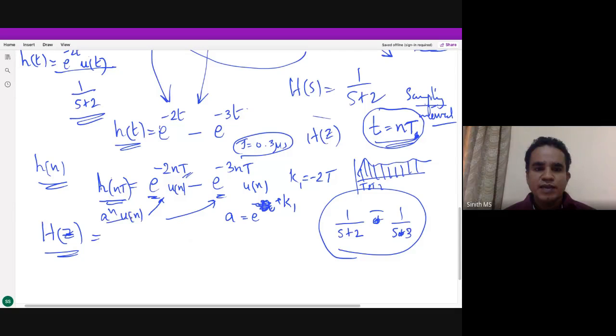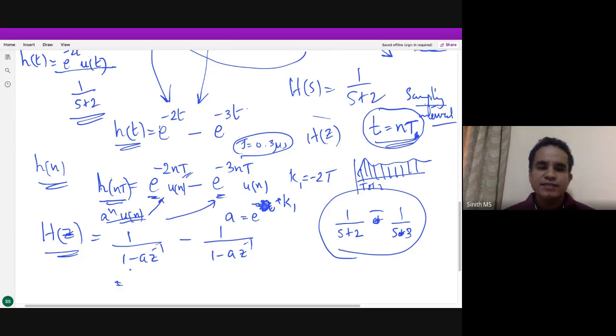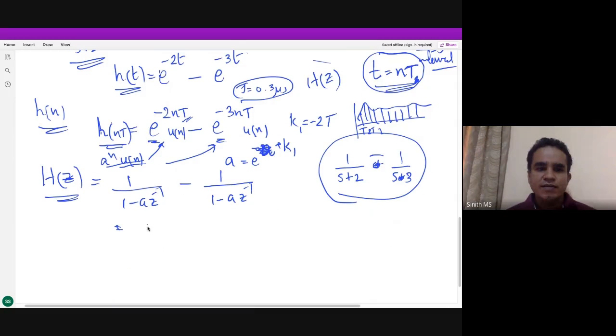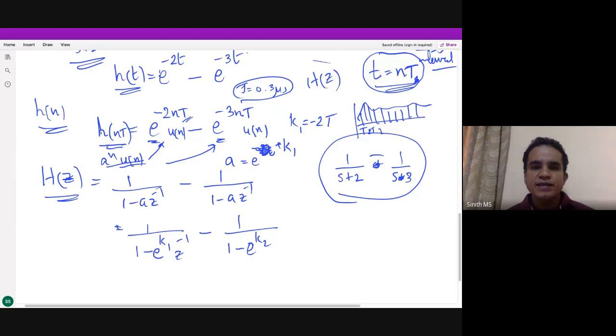So this is of the form a raised to n u(n), and you know that it has a z transform 1 by 1 minus a z inverse. This also has a z transform 1 by 1 minus a z inverse. And what are these a values? These are basically 1 by 1 minus e raised to k1 z inverse, minus 1 by 1 minus e raised to k2 z inverse, if minus 3T is written as k2.